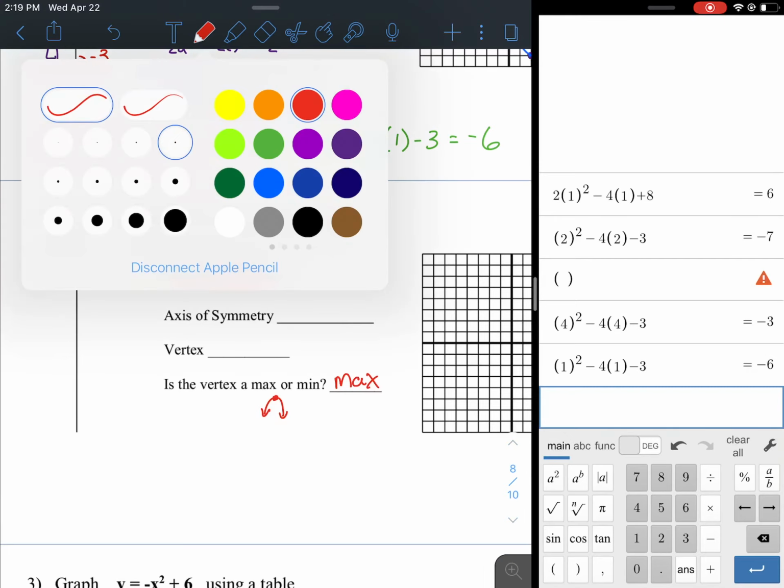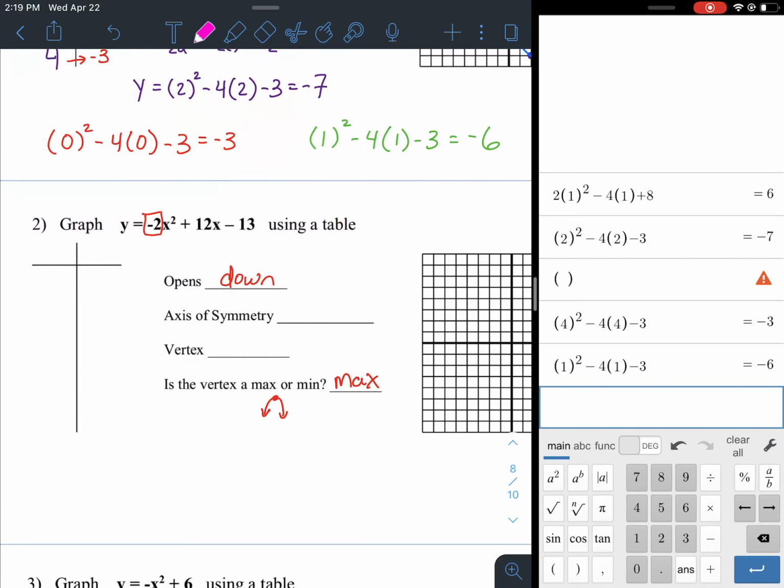Okay, so how do we fill out these other two questions then, the axis of symmetry and the vertex? Well, in order to know the axis of symmetry, again, we have to find the vertex. The vertex is the opposite of b over 2a. So a is negative 2, b is 12, c is negative 13.